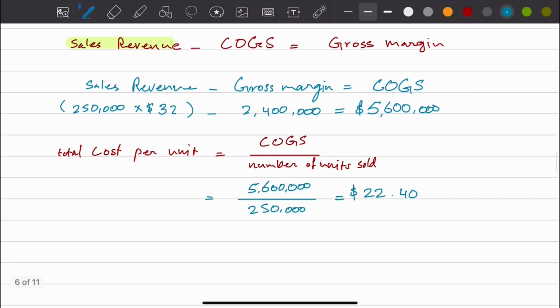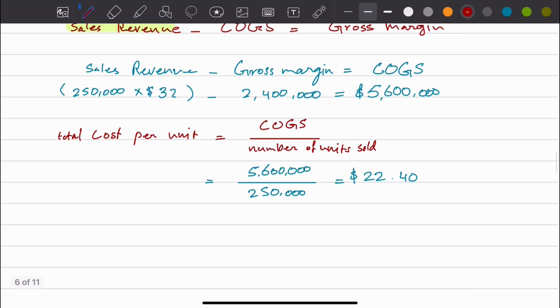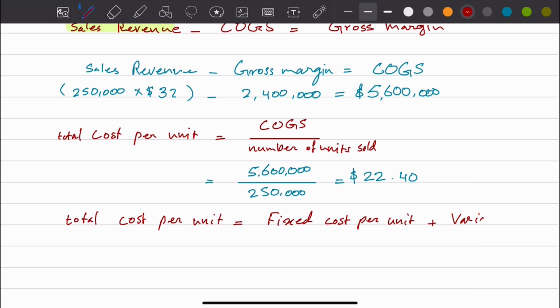Now we know that, again, one more formula: the total cost per unit is equal to the fixed cost per unit plus the variable cost per unit, right? And since now we know this and this was given in the question, we can find this right here.